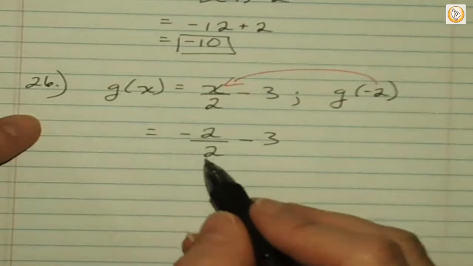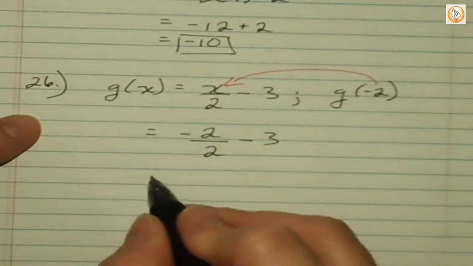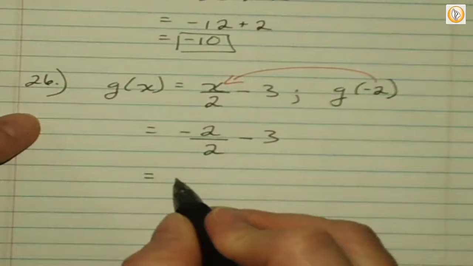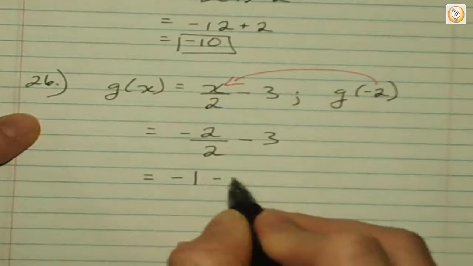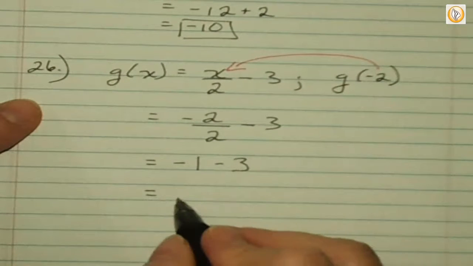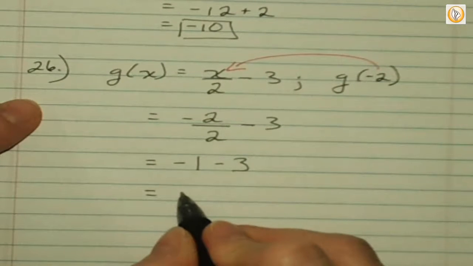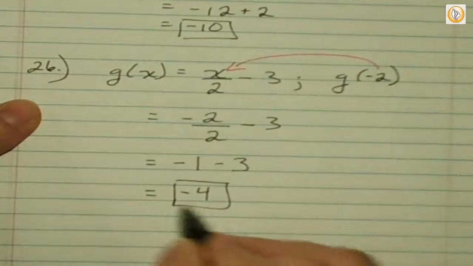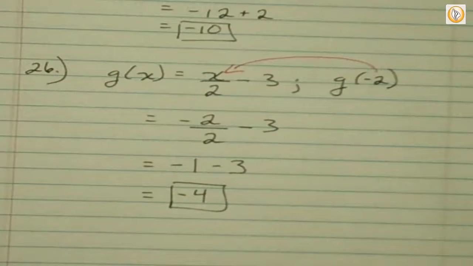So Emily, what is negative 2 divided by 2? You're correct, negative 1. So negative 1 minus 3, what do you get? Yes, ma'am. There you go. Any questions?